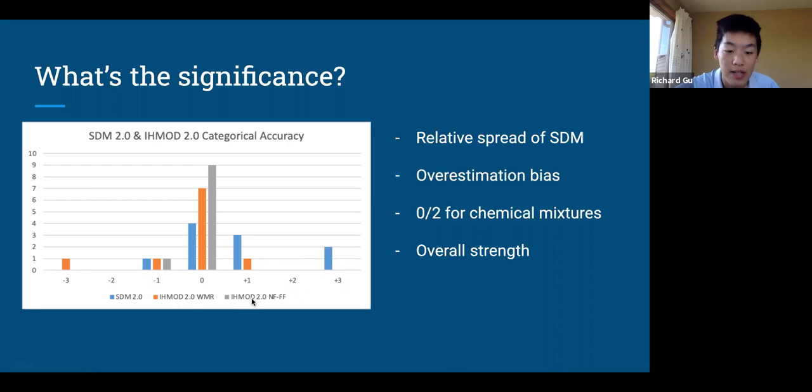And for both of the models within the IHMOD tool, we see even greater accuracy. For the near field, far field model, all 10 of the scenarios were within 1 exposure control category. And for the well-mixed room model, we had 9 out of 10 in that range.